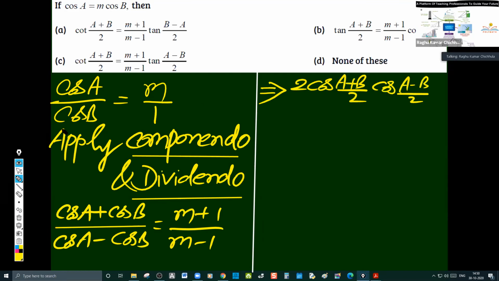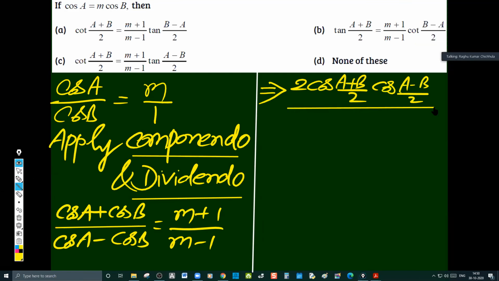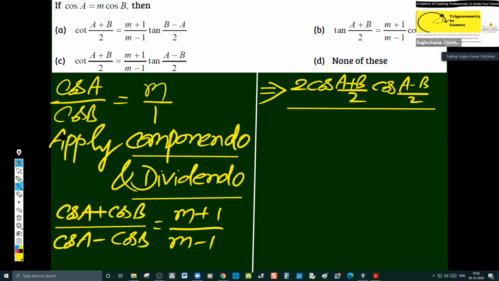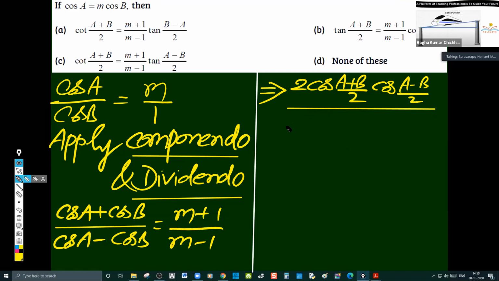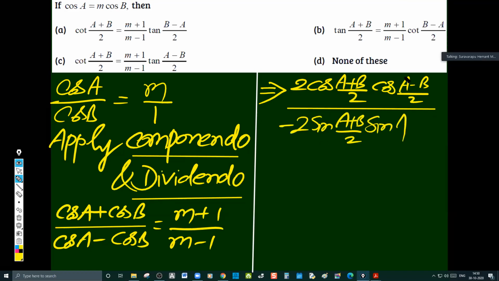If you're not getting the formula, just check the list of formulas, keep it aside. All right, sir. And till you get it, remember it. Come on, tell me similarly, what should be cos A minus cos B, please? That's 2 sine A plus B by 2 sine A minus B by 2. Repeat. Sir, cos A minus cos B, right?